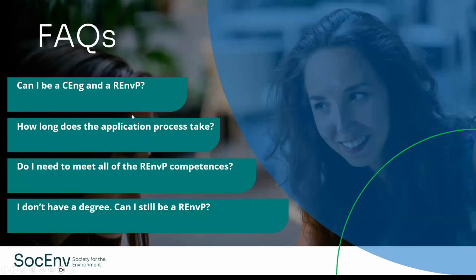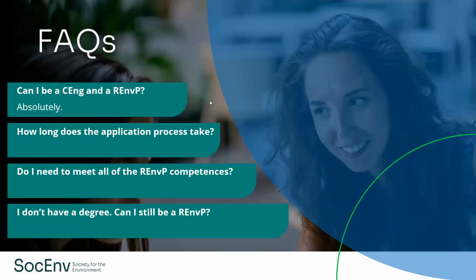Can I be a chartered engineer, a CEng, and a registered environmental practitioner, or an RFP? The very simple answer is yes. Yes, you absolutely can. You're a highly competent engineer, which is demonstrable through your CEng registration. Absolutely the right thing to do.